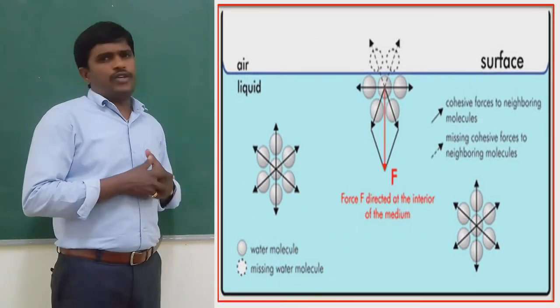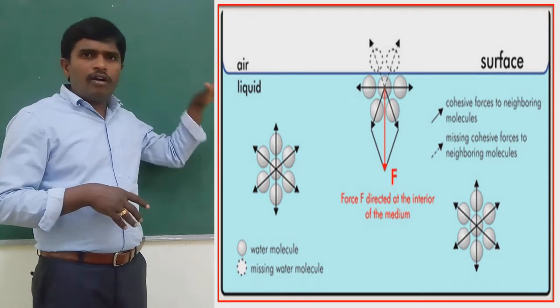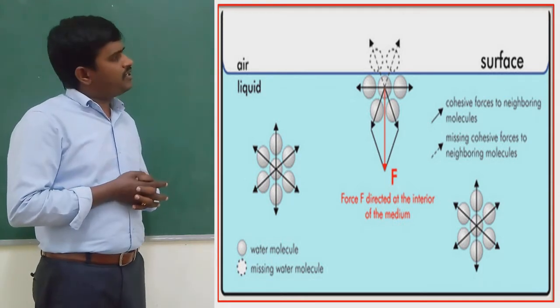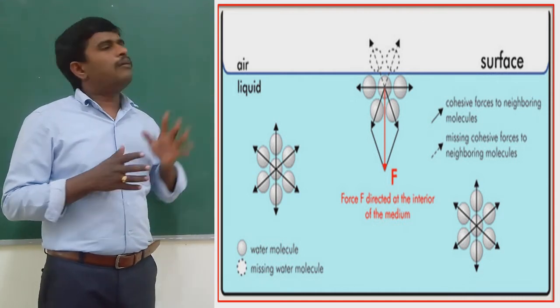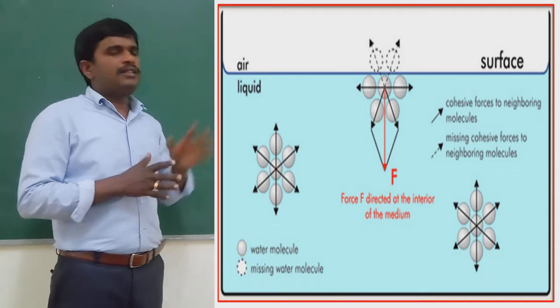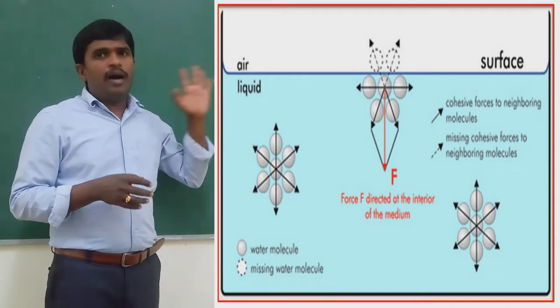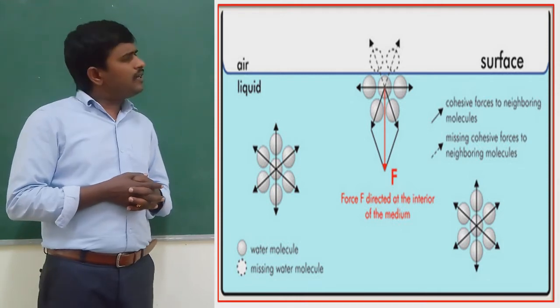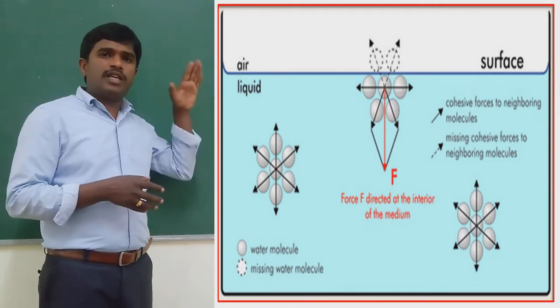As shown in the picture, a molecule located on the surface of a liquid lacks some neighboring molecules. What we are seeing, that surface lacks some neighboring molecules and thus experiences an imbalance of forces.